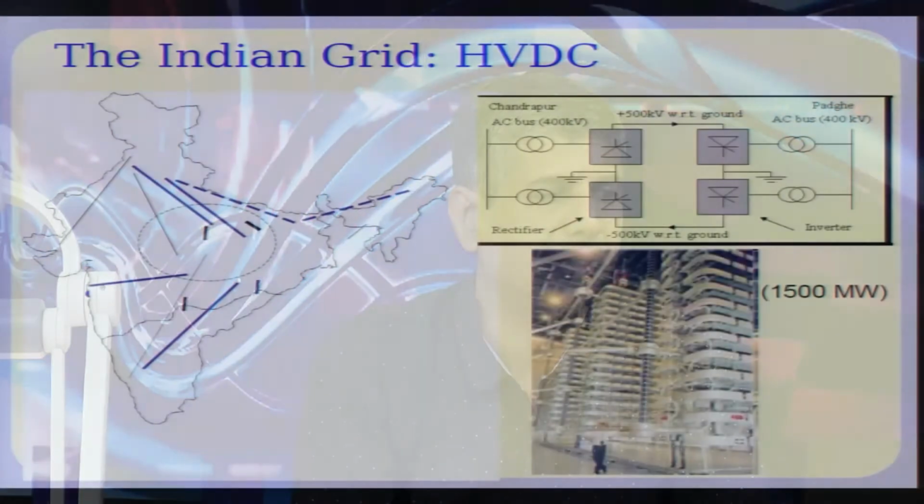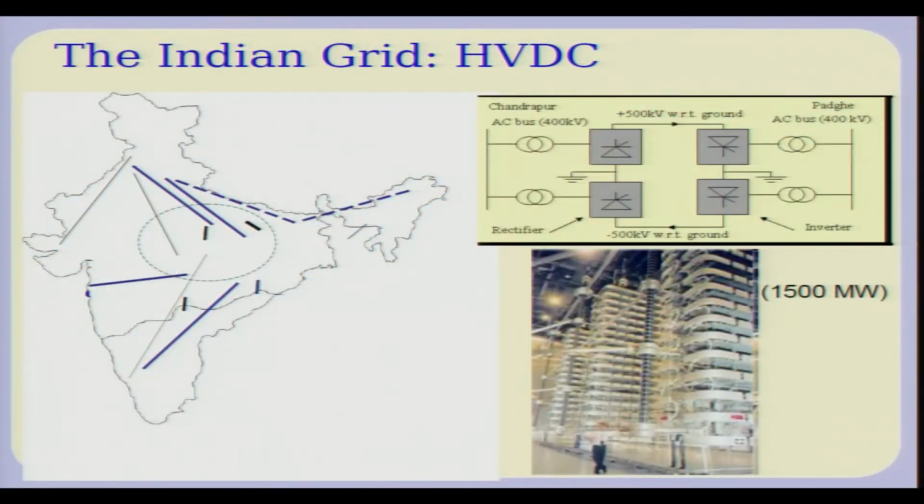So, if you look at our system, now it is a synchronous grid. The southern region also is now synchronized to the northern grid. So, this separation is no longer there, it is just indicative here.